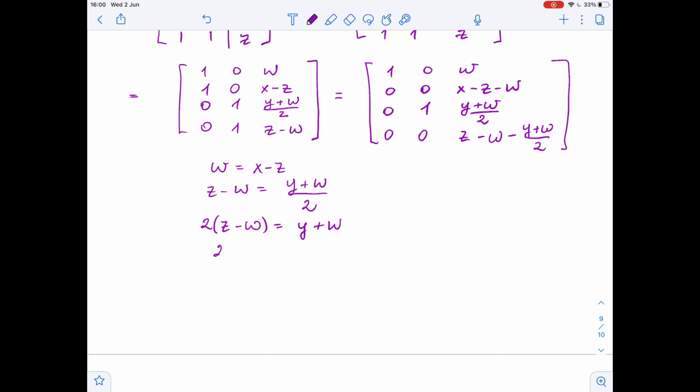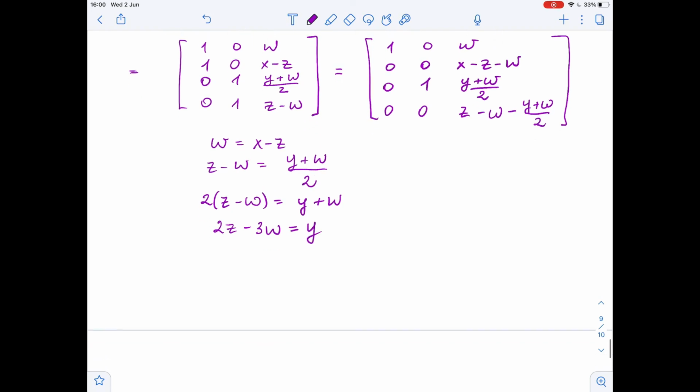We get that 2Z minus 3W is equal to Y. Now we know that 2Z minus 3 times X minus Z is equal to Y. That means that 5Z minus 3X is equal to Y.